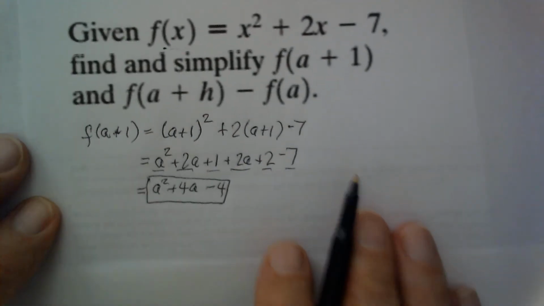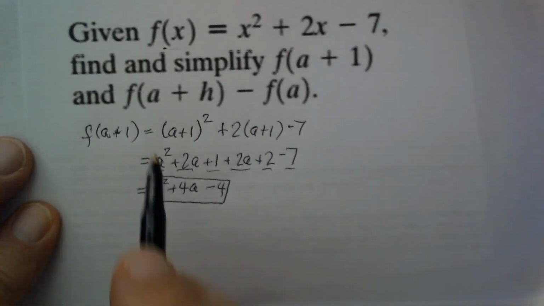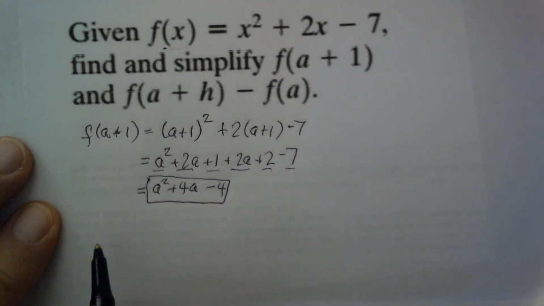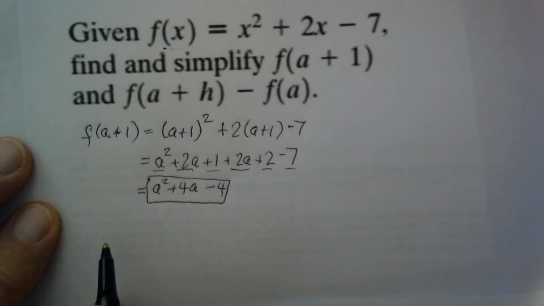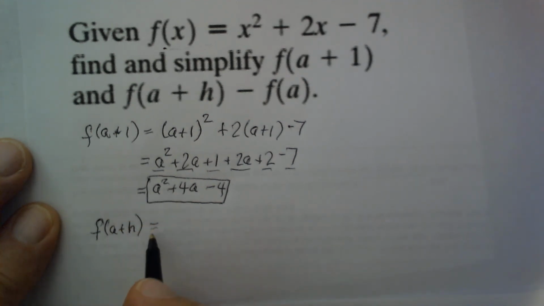And of course, when we are supposed to determine f of a plus h, that's the same thing except we replace 1 with the letter h. So let's do that. So f of a plus h becomes a plus h squared. Why?